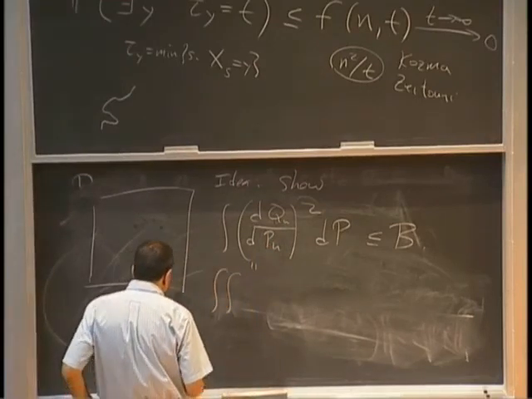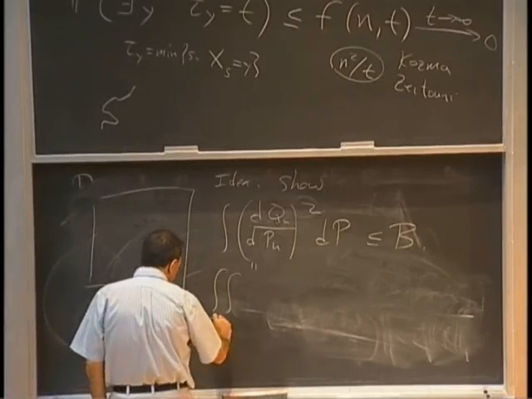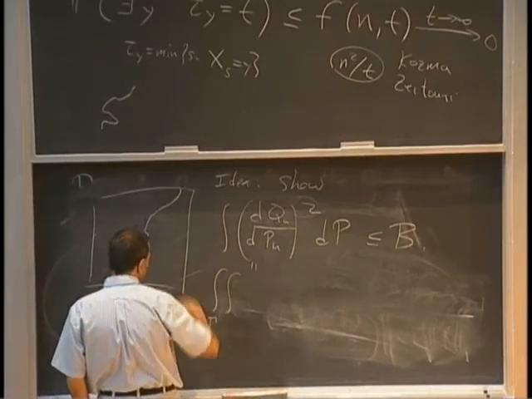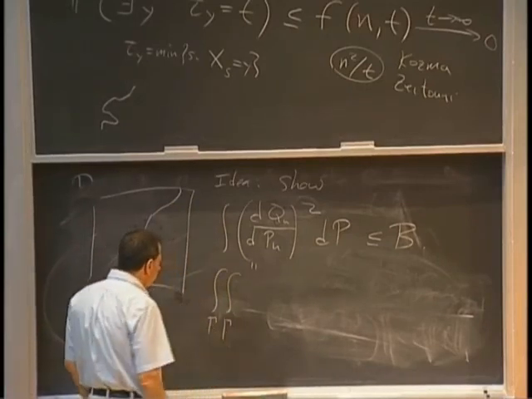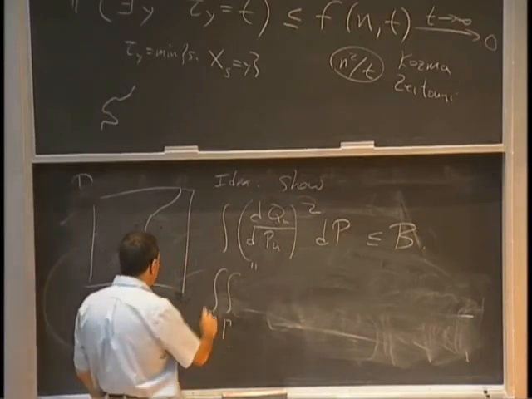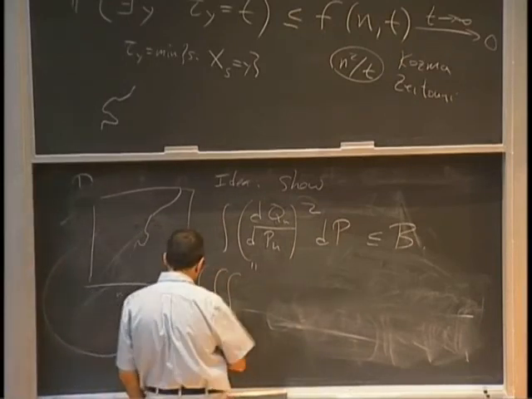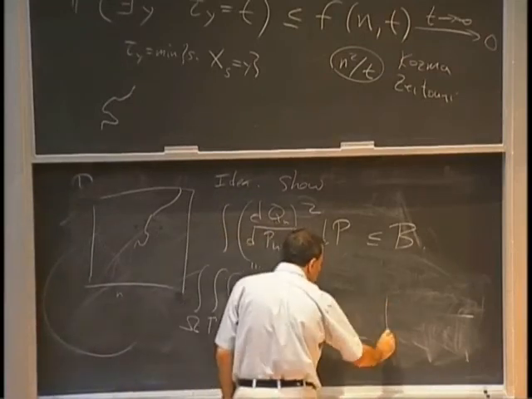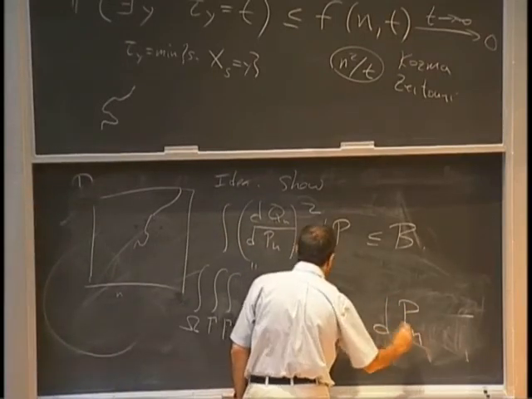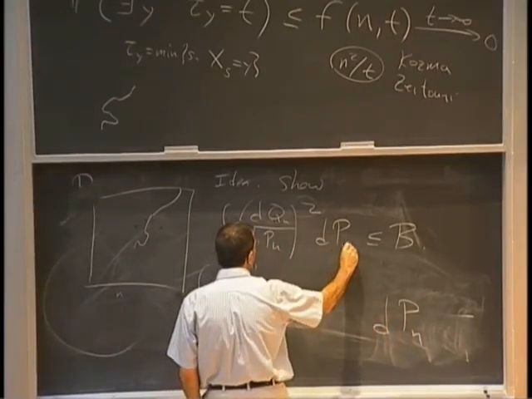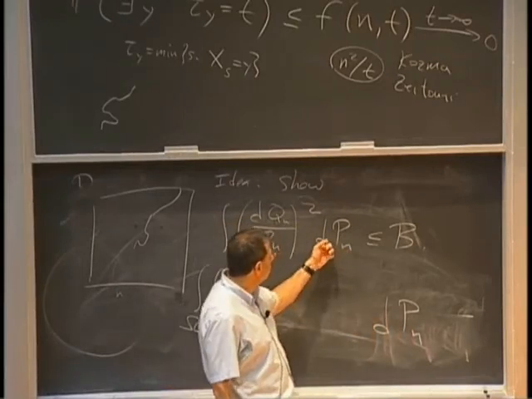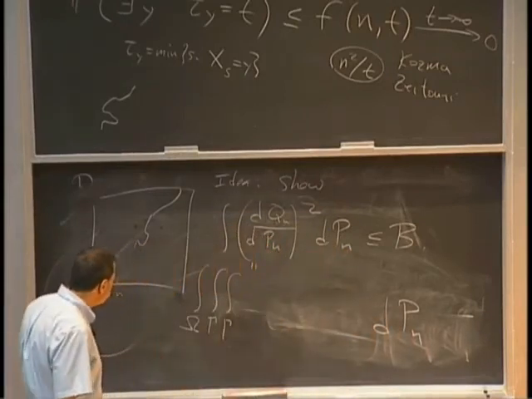So if gamma is the space of paths from the origin, we have to pick two paths. Outside we have this integral with respect to Pn.